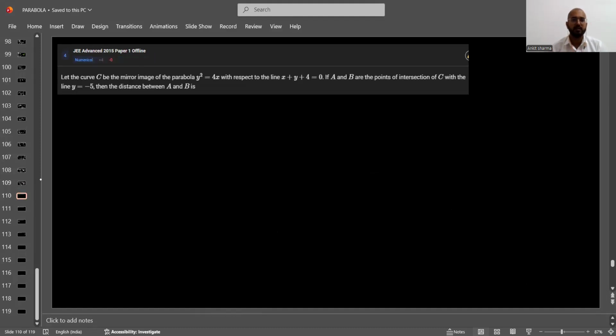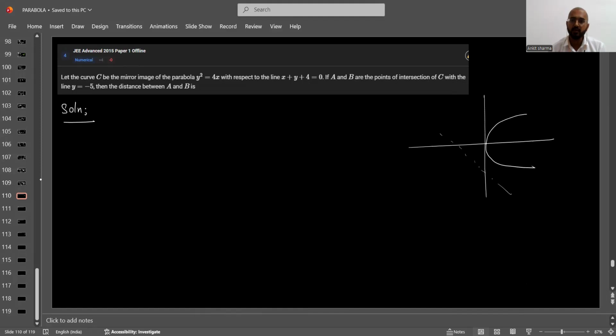Come to the next one. So let this curve be the mirror image of this parabola with respect to the line x plus y plus 4 is equal to 0. So we can imagine this way that I have my y square is equal to 4x, a parabola, and x plus y plus 4 is equal to 0 is a line like this somewhat, and I need to find out the mirror image.